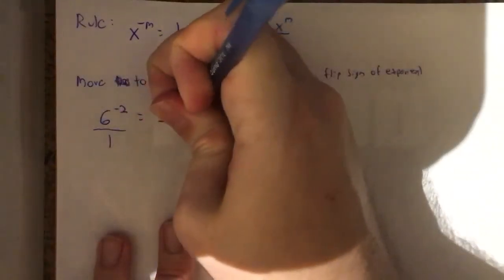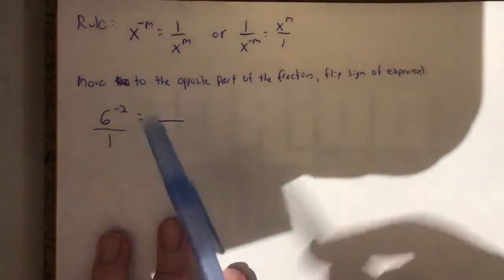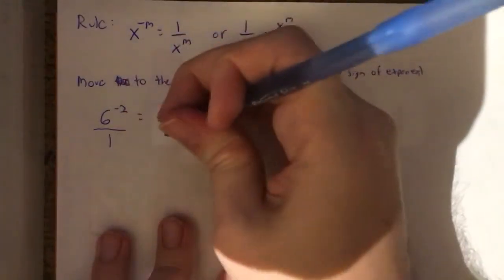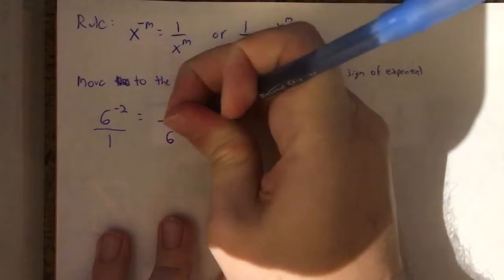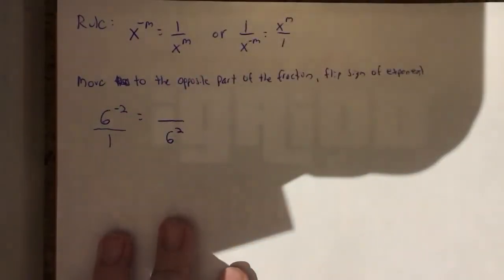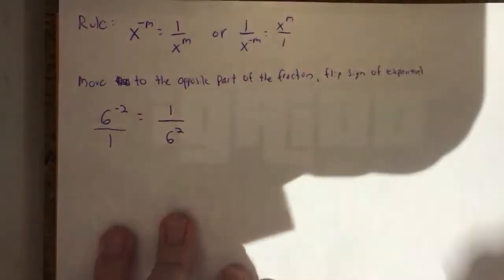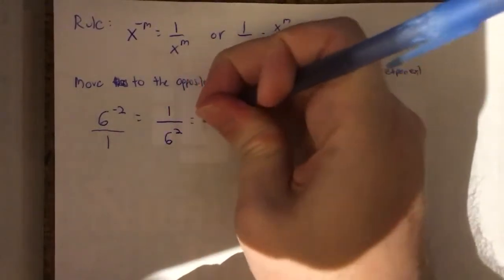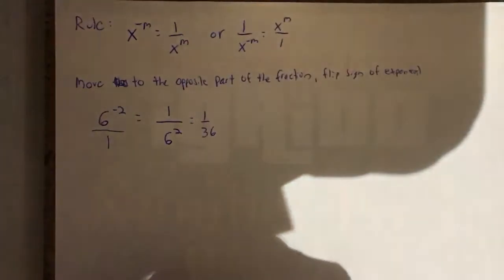So when I rewrite it, it has to be positive in the opposite part of the fraction. So all I do is I move it to the opposite part of the fraction and change the sign of the exponent. And now the top's just 1. So now it's just 1 over 6 squared. And if you really want to simplify it, you can just say 1 over 36.